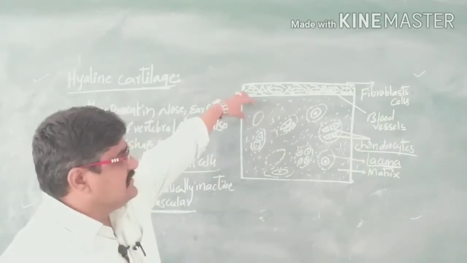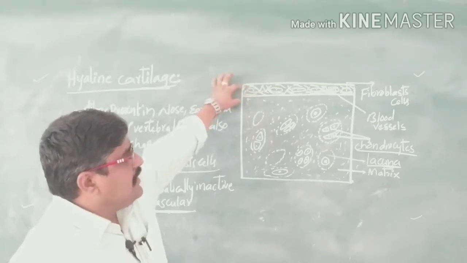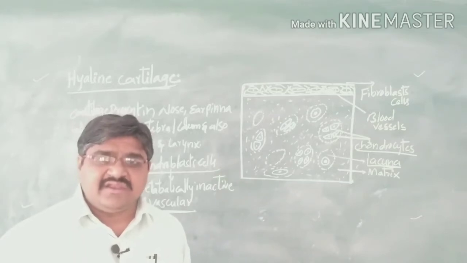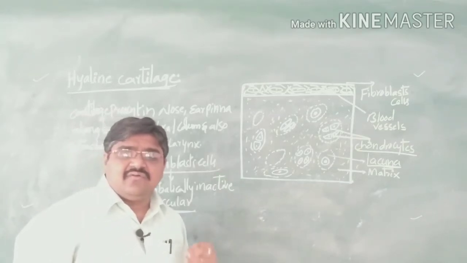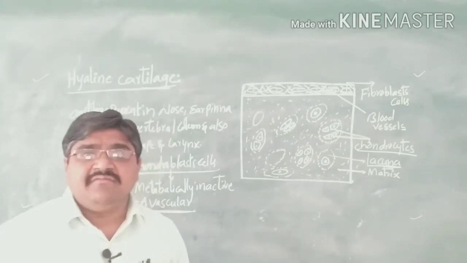The blood supply comes through the upper layer, which is called the perichondrium. The perichondrium layer is rich in vessels, and through this region the blood supply takes place.